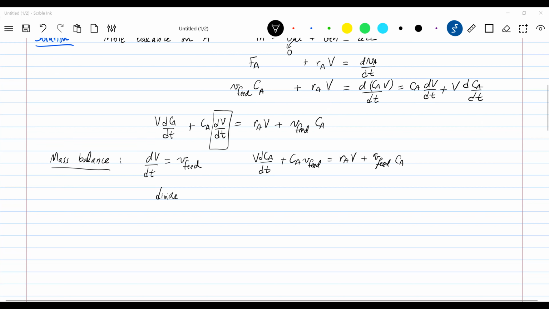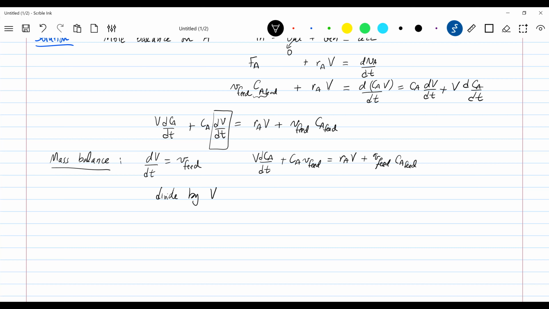So this is the concentration of A. Let me check. Oh yeah, that's right. That's actually right. This is CA feed. Yeah.